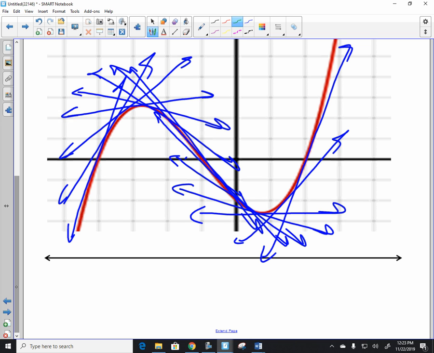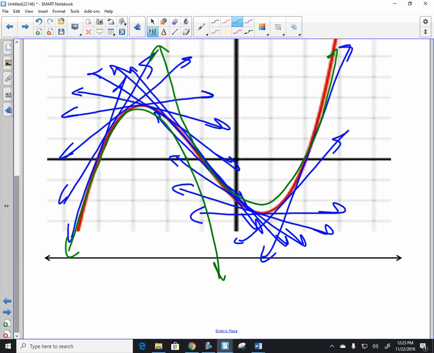Second derivative tells us something about what we call concavity. This is a cubic. Notice how the cubic is made up of what appears to be kind of two parabolas. One of these parabolas we call concave up. One of these parabolas we call concave down.